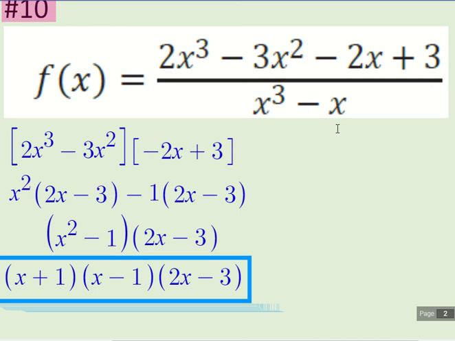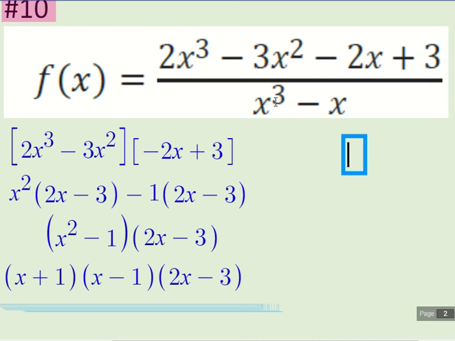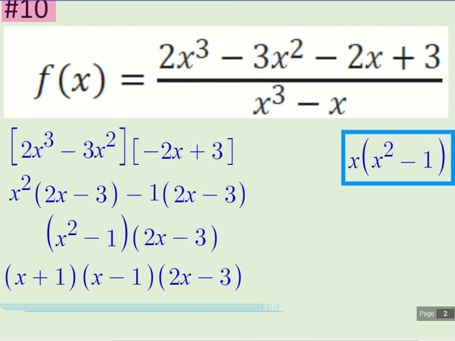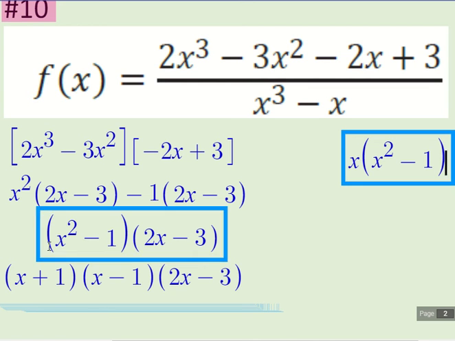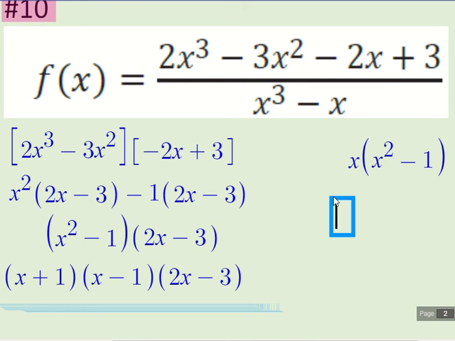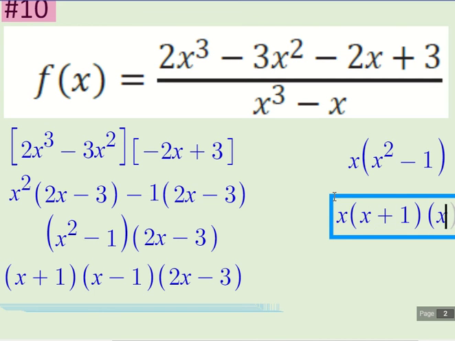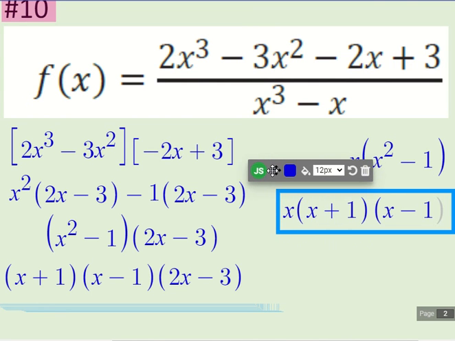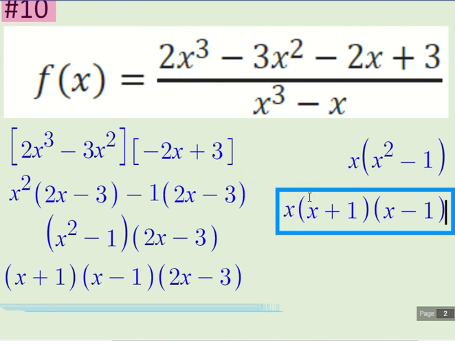Now over here, I'm going to deal with the denominator. So both of these terms have an x in them. So it's x times x squared minus 1. But if you remember, we just talked about the fact that x squared minus 1 is a difference of perfect squares. So it's really x times x plus 1 times x minus 1. And that's our denominator.